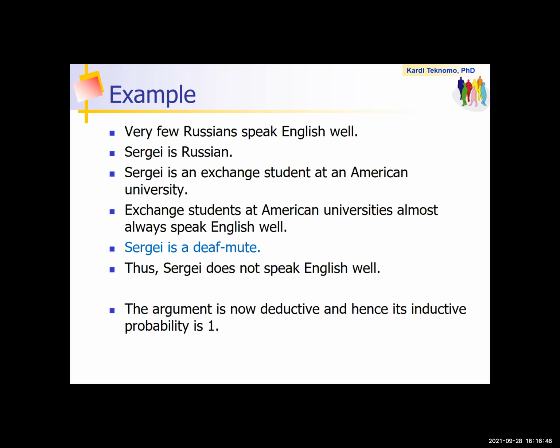Can you see that or not? The inductive probability now becomes 100%. So you can see here, these are the examples: from inductive, you add more premises, and then it becomes deductive.